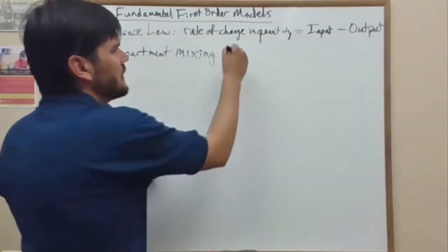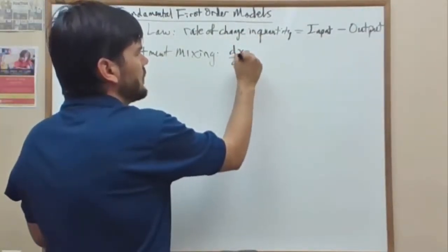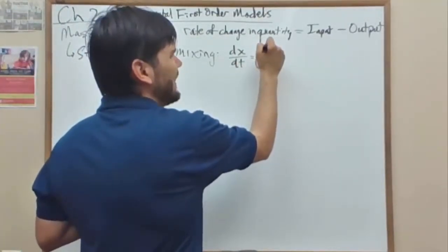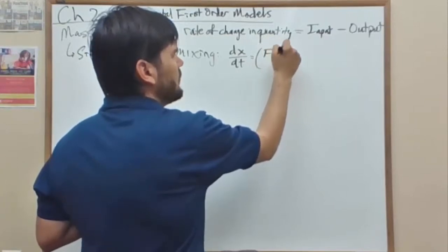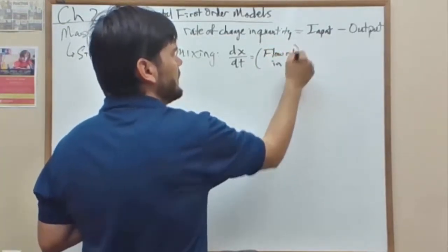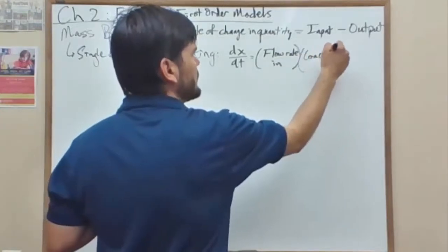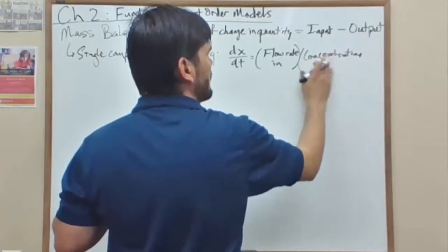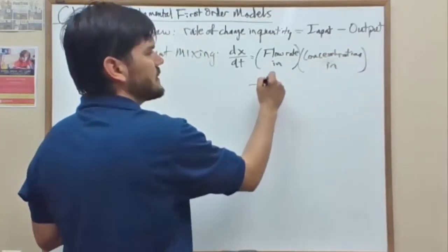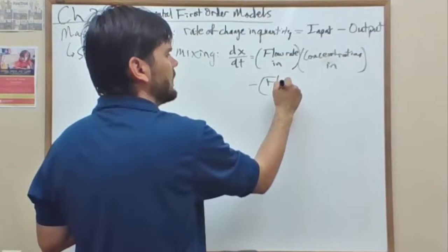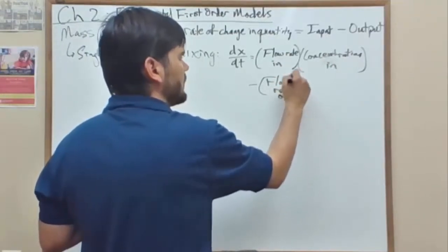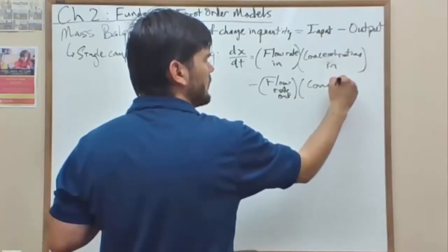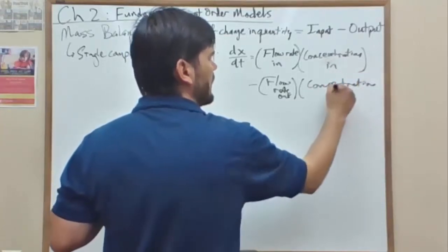In that case, our input is represented as a flow rate in times a concentration in minus a flow rate out times a concentration out.